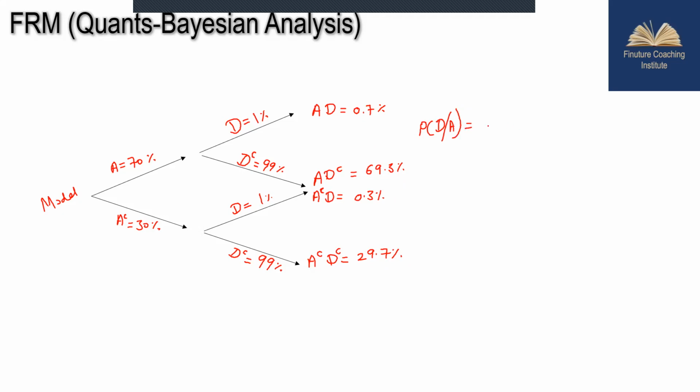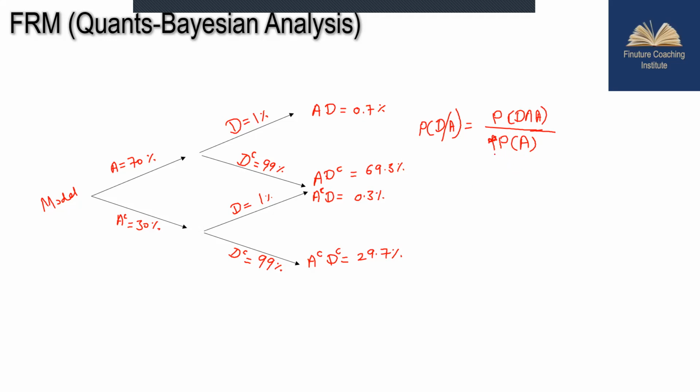So mathematically, this is equal to the joint probability of default and analyst actually predicting it to be default over the total probability where analyst had predicted. So this is a key point. Understand this. I'll explain it in the next step.